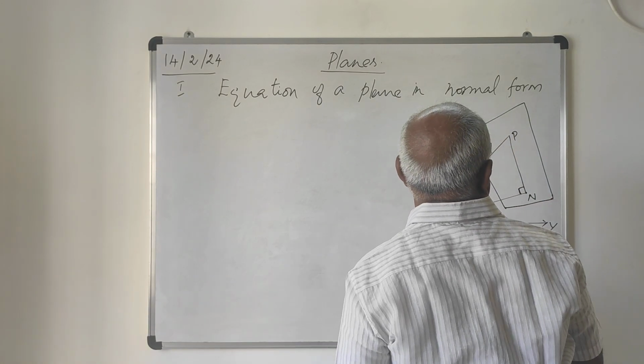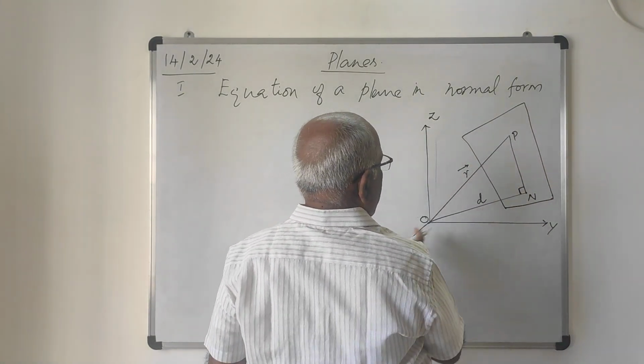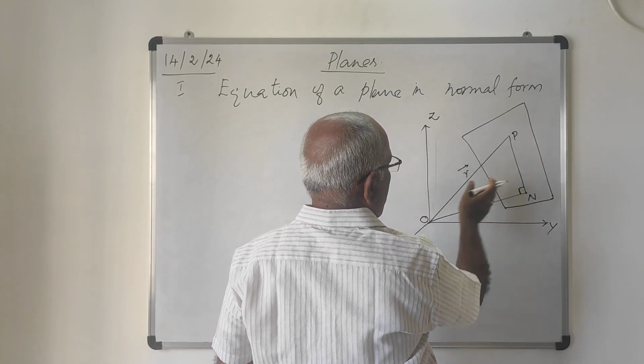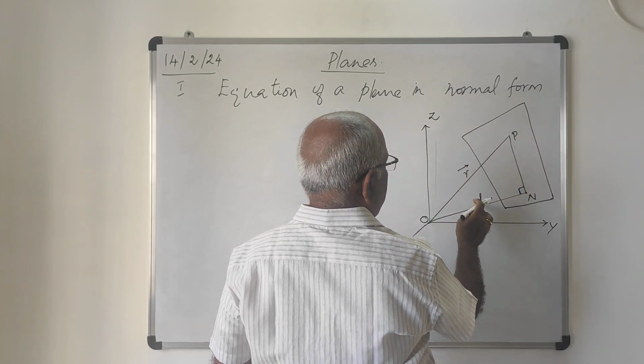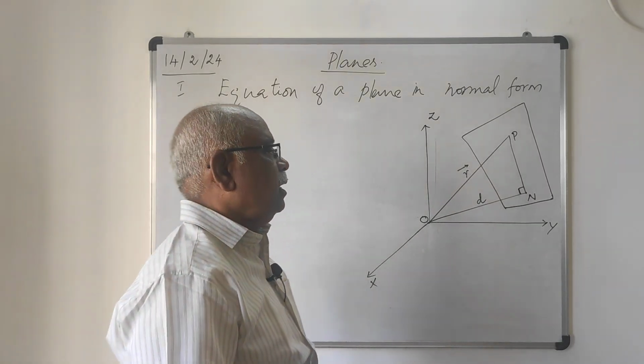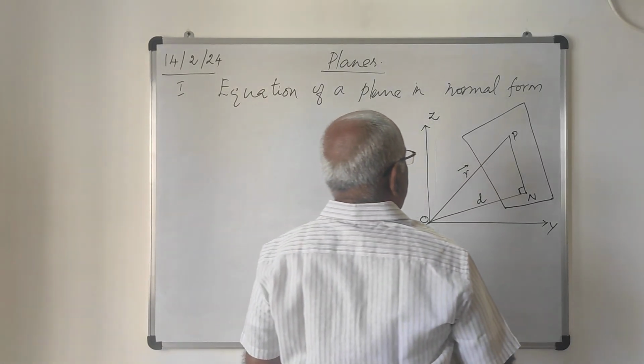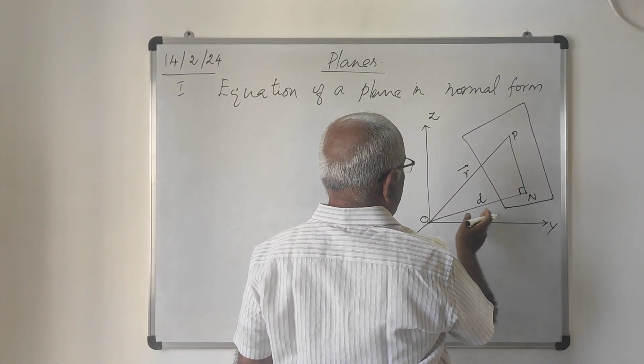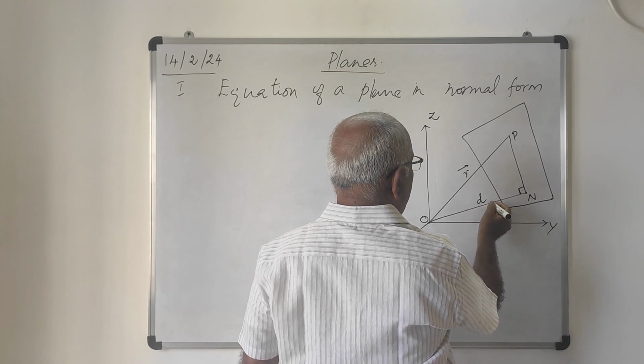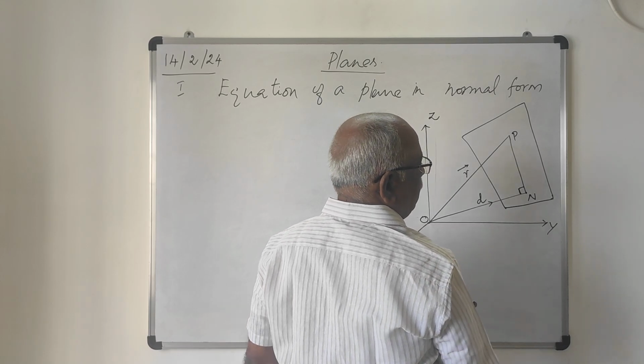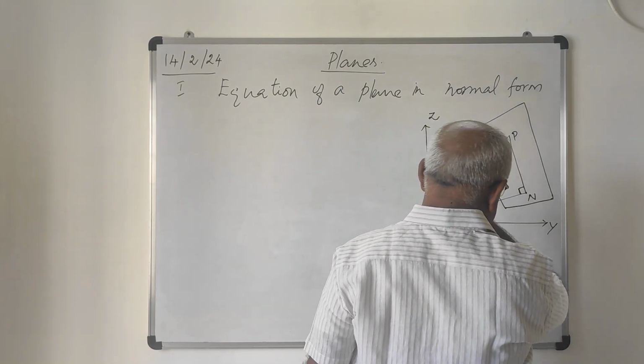In this plane, ON is the normal to the plane, whose distance from the origin is D, and N vector is the vector acting along the line ON.